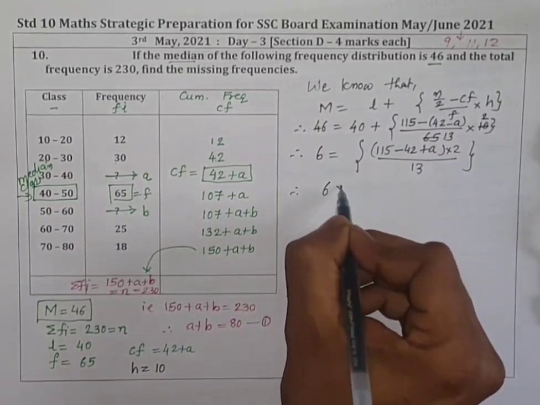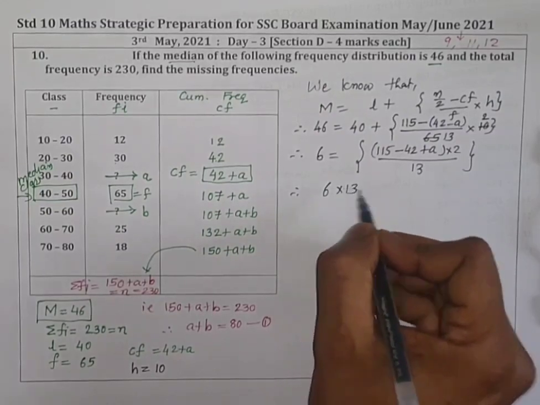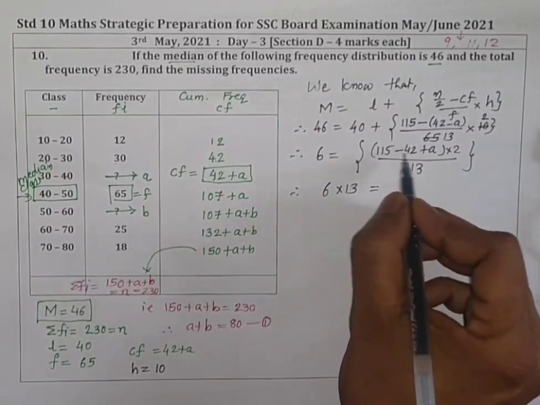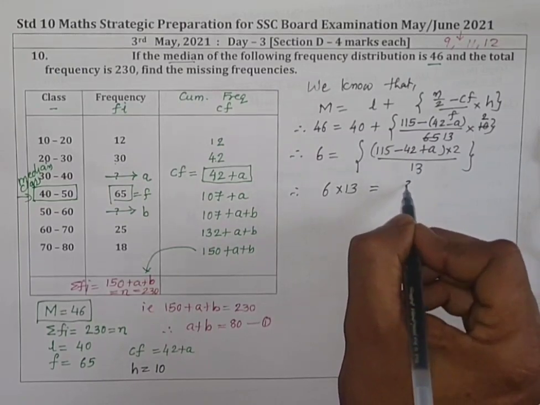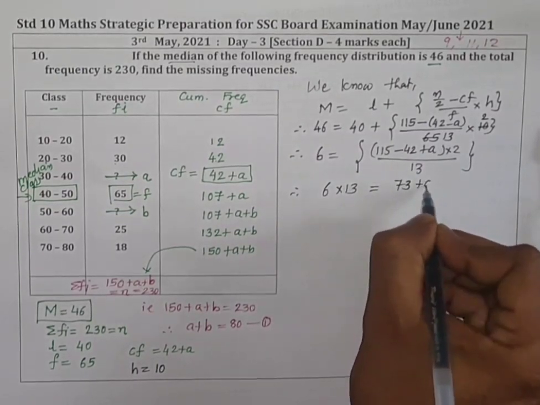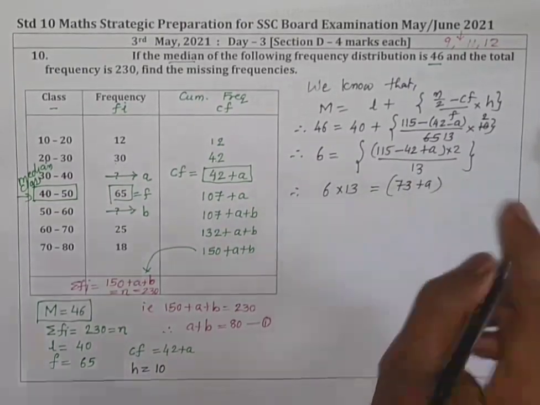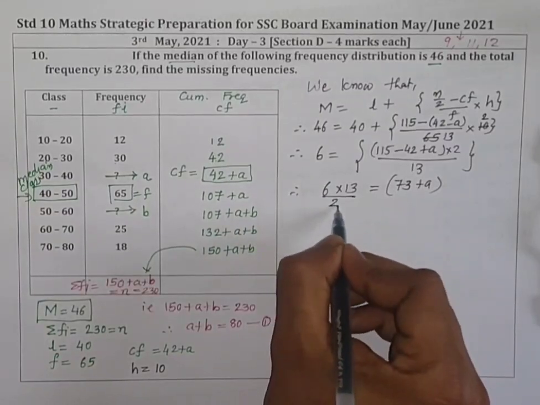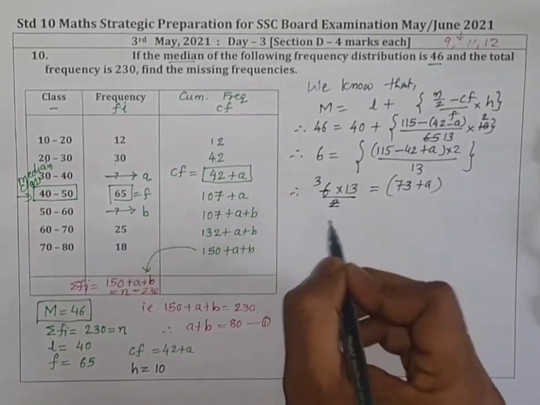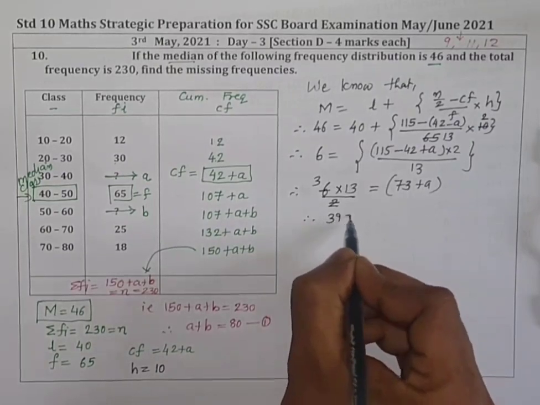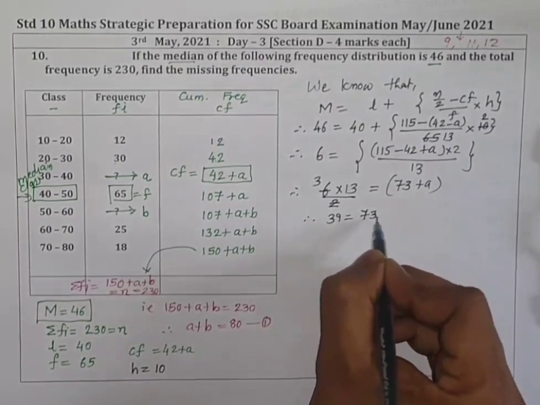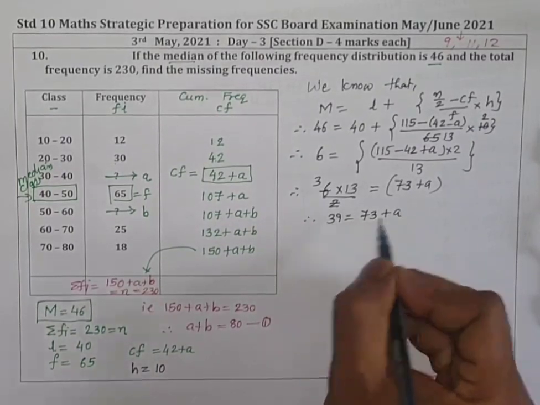So 6 into 13 is equal to 115 minus 42, that is 73, plus A, multiplied by 2. You can bring it on this side. So 39 is equal to 73 plus A.